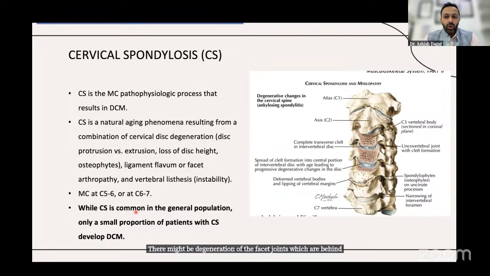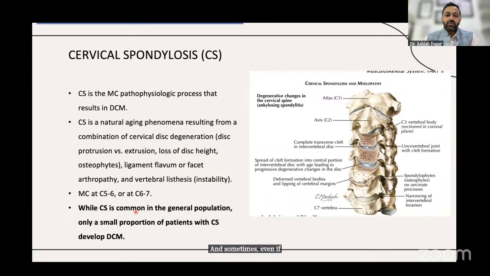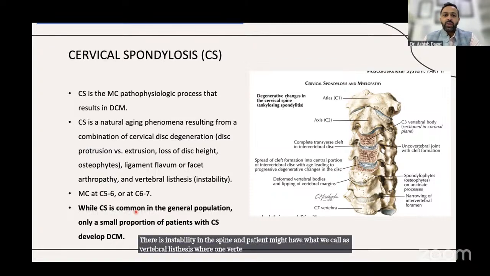Because all these things lead to instability, this causes ligamentum flavum hypertrophy, which although is a compensatory mechanism, itself causes further canal compromise. And sometimes, even if our body is trying to compensate, there is instability in the spine, and the patient might have what we call vertebral listhesis, where one vertebra is moving forward over the inferior vertebra.